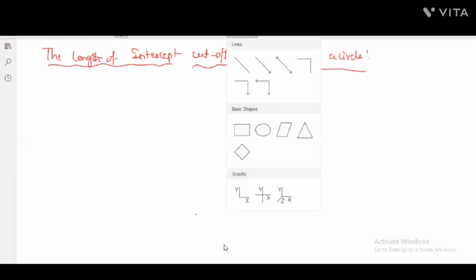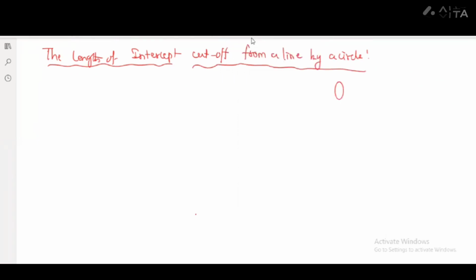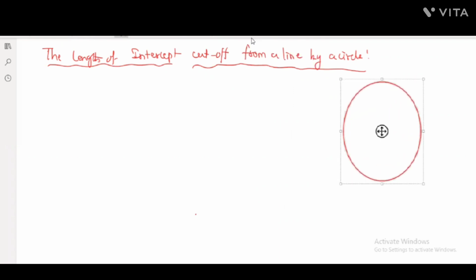What does it mean diagrammatically? Let's see. Here is a circle, and there is a line which cuts the circle at two distinct places. Let us assume this line cuts the circle at P and Q. In another way, we can say the circle makes a certain intercept here, of length PQ.